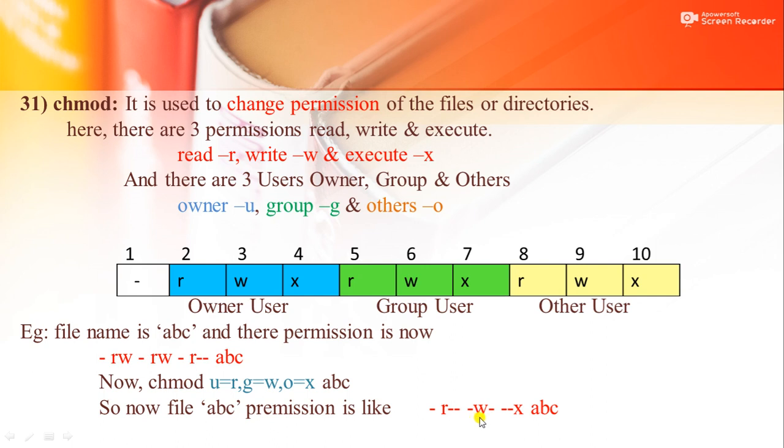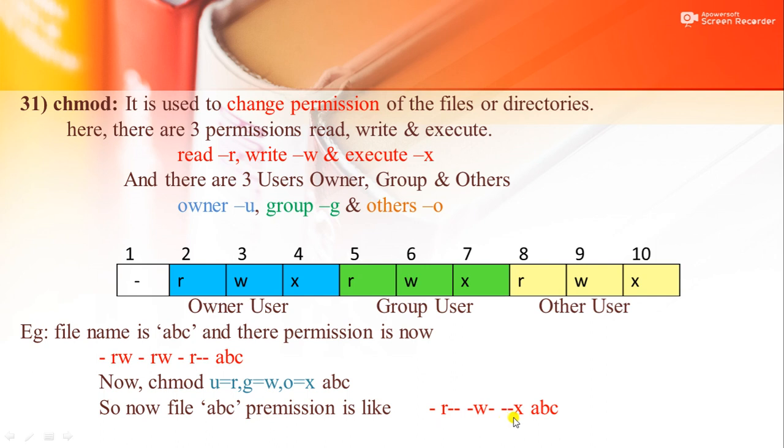Over here the group user has only write, so above the W there will be a minus for read, and below there is a minus sign for execution. That means we have not given the group permission of read and execute. The owner has only permission of read, not write and execute. Group users have only write permission and other users have only execute permission.